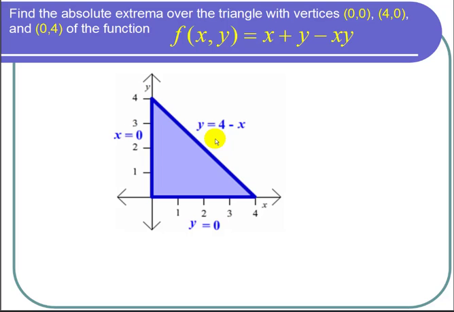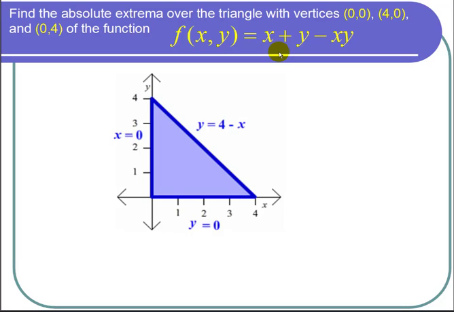So I'm going to use the theorem that says that a function has absolute extrema either at a critical point or on the boundary. So f(x, y) is certainly differentiable, so critical points of f will occur only when the gradient is 0.